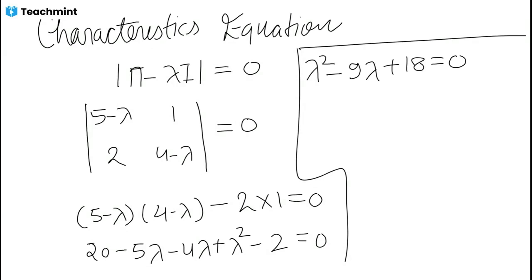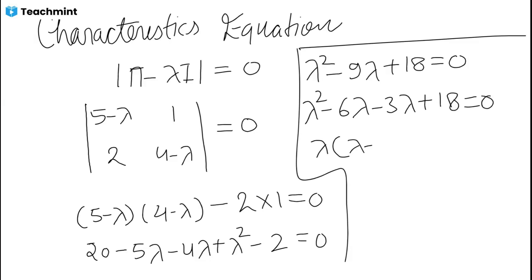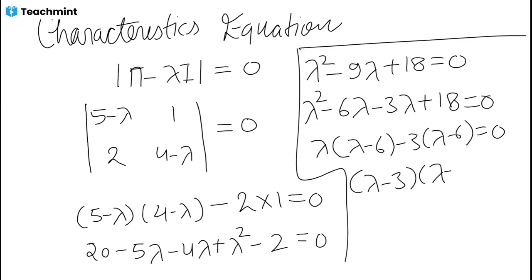Okay. So now we can solve by splitting the middle term. You got this step? So you just split 9 lambda into minus 3 lambda and minus 6 lambda.